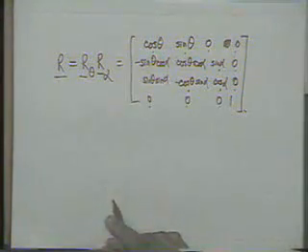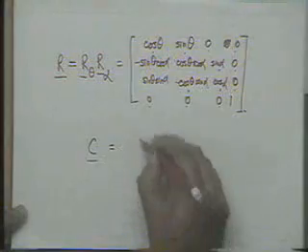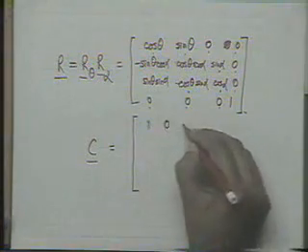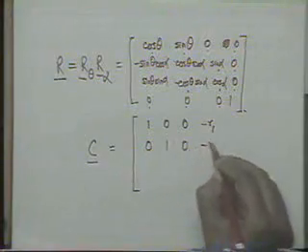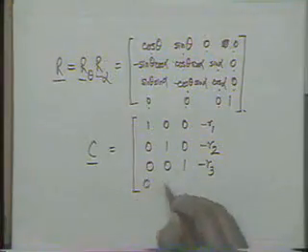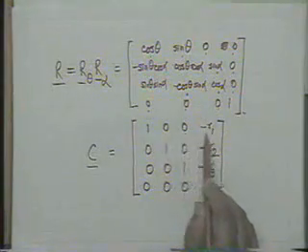This is our R matrix, and then finally we have to displace the origin of the image plane by the vector R naught. So let us call that the matrix C. The elements of matrix C are 1, 0, 0, minus R1.